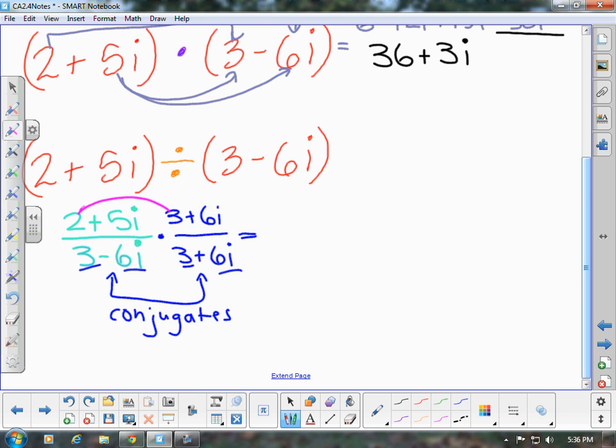So 2 times 3, 2 times 6i would be 6 plus 12i, and then 5i times 3, and 5i times 6i, which would be plus 15i, and plus 30i squared.